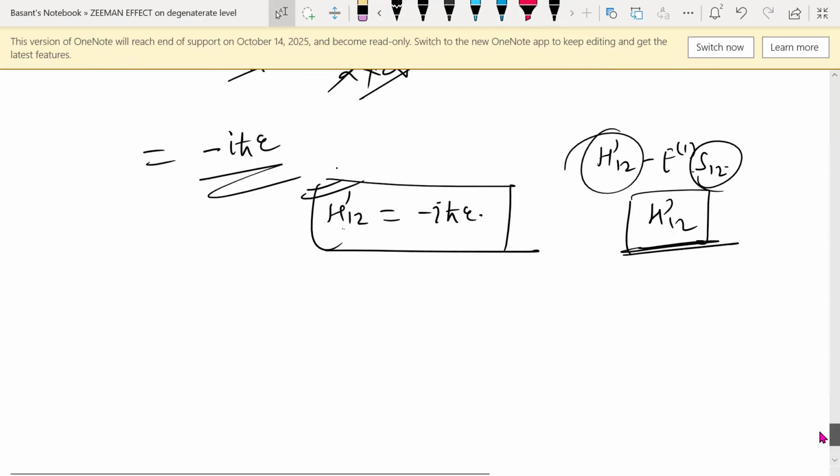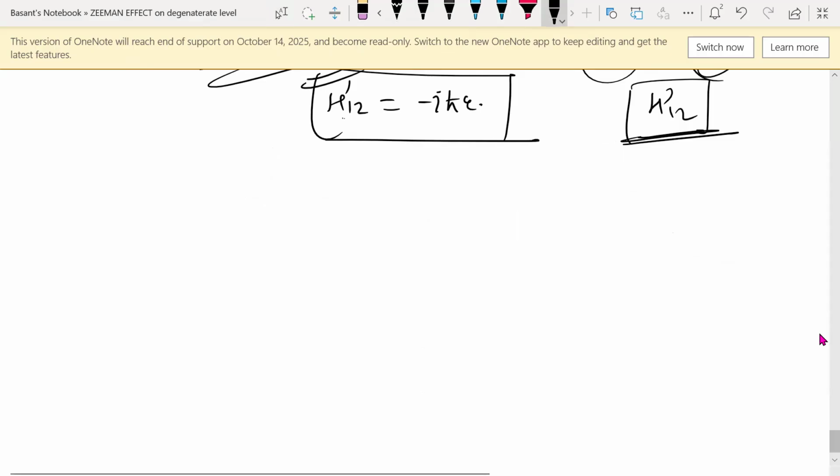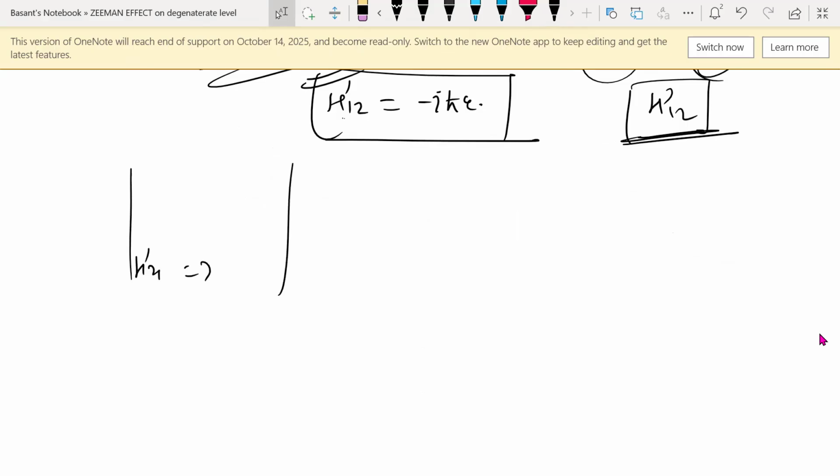Hence the third, that is the first element of the second row, H dash 21, is equal to what? So for H dash 21, 2 signifies sin phi and 1 signifies cos phi. So the radial part is the same here.